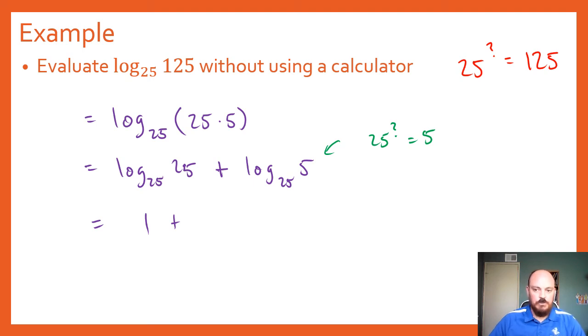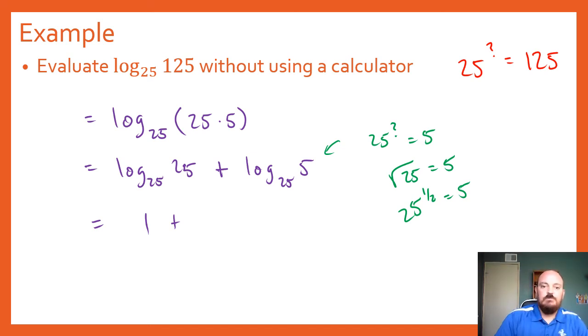Now that one's a little trickier, but we want to realize that the square root of 25 is 5. And a square root is a 1/2 power. So 25 to the 1/2 power equals 5. So we have the log base 25 of 5, which is 1/2.